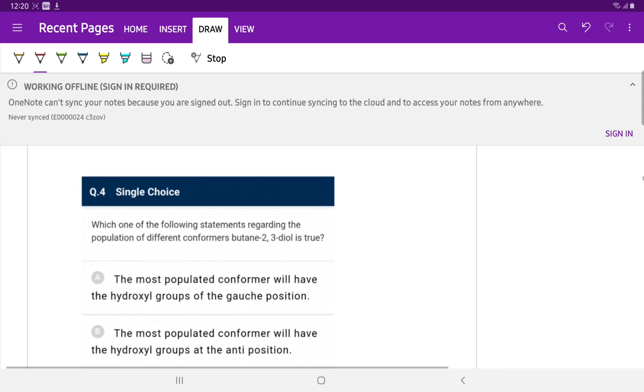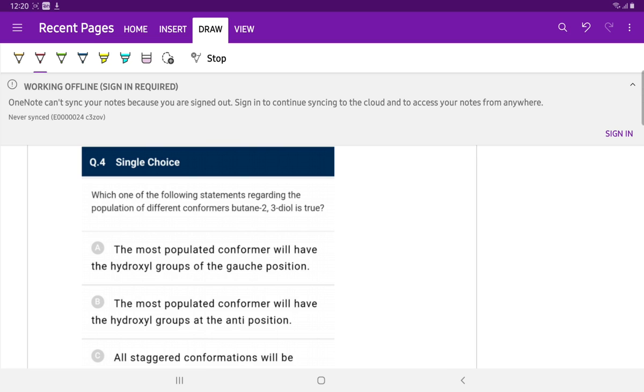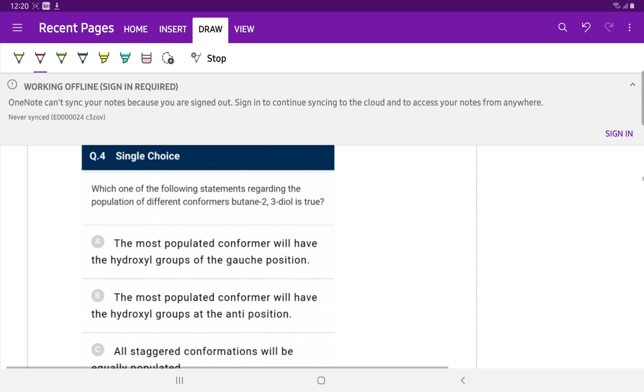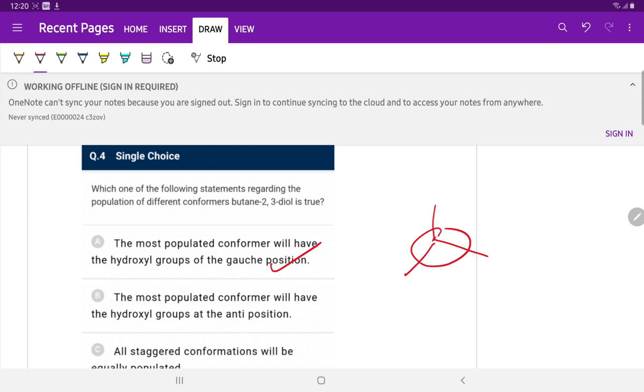Question number 4. Which one of the following statements regarding the population of two different conformers of butane 2,3-diol is true? The most populated conformer will have the hydroxyl groups at gauche position. This statement is true for butane 2,3-diol.